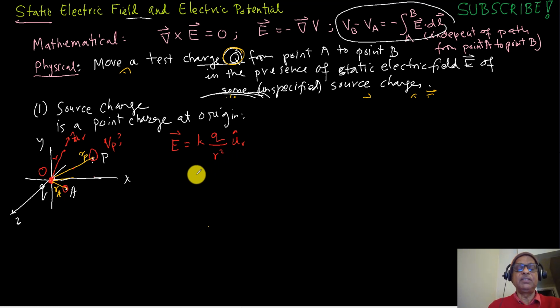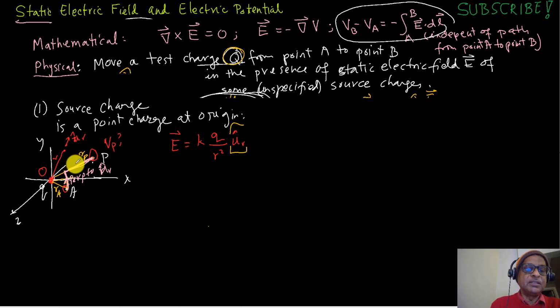You should remember this, because it is in a radially outward direction, which tells us what kind of path to pick. We can use an arbitrary path. The path I pick is going in the angular direction, perpendicular to u hat r at all the points, and then I go along the radial direction.